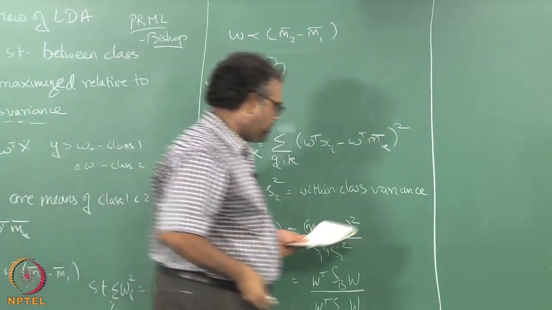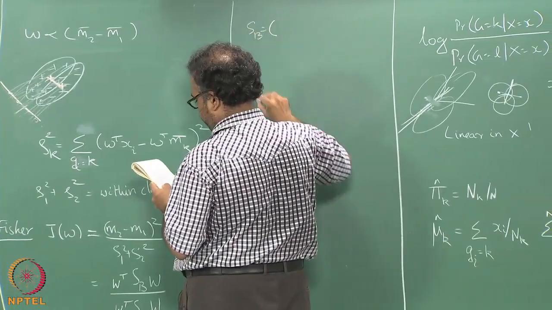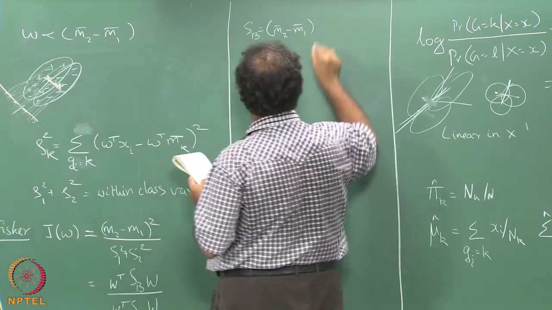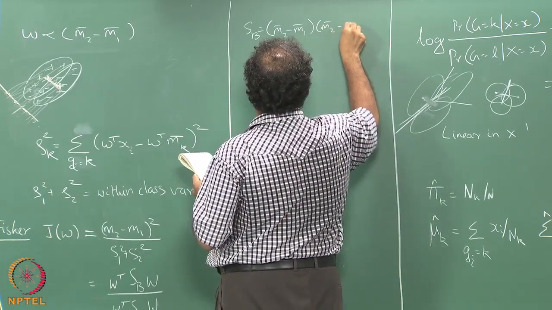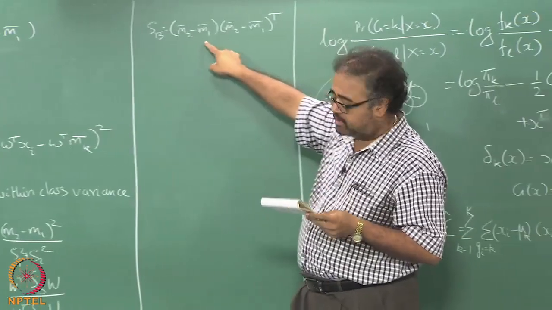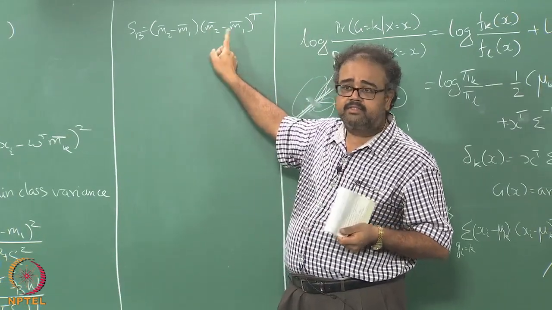Right, so I am going to rewrite it. Right, so this is the between class covariance matrix, right.